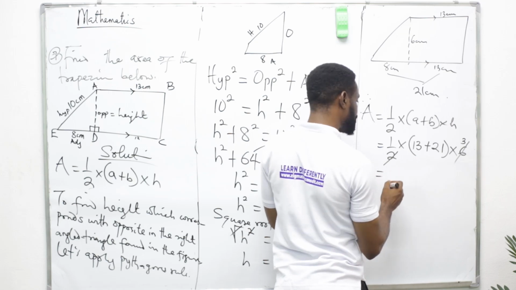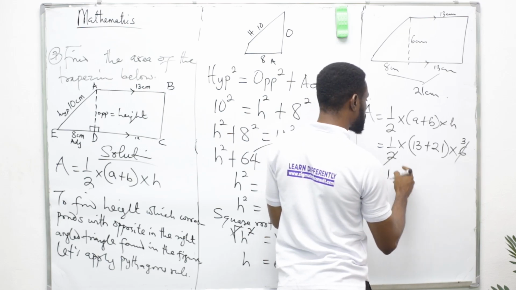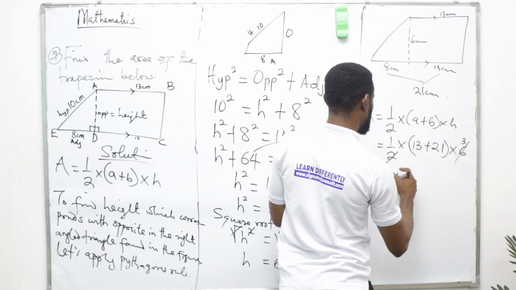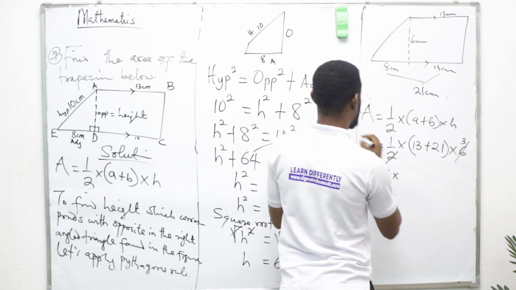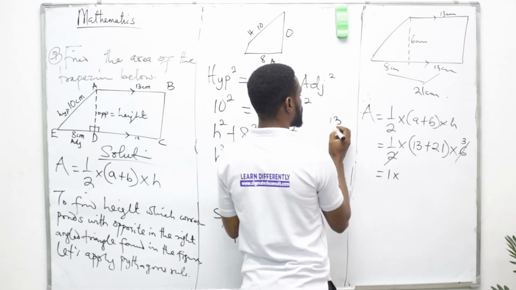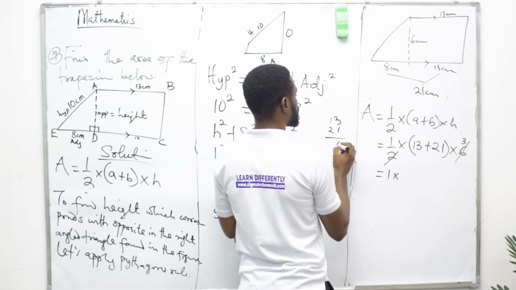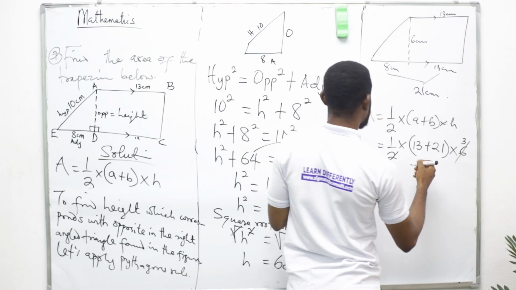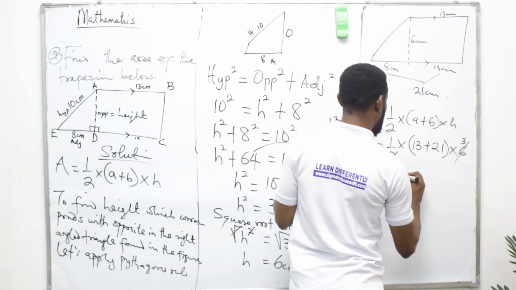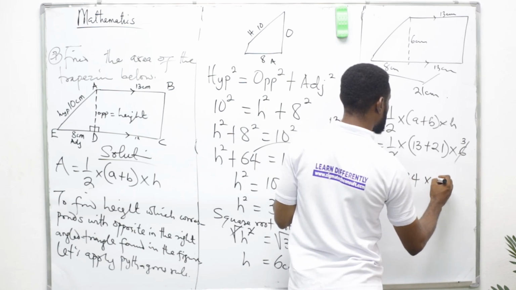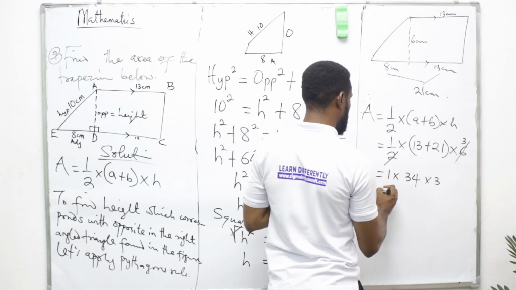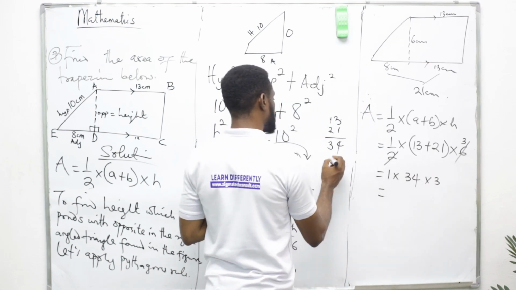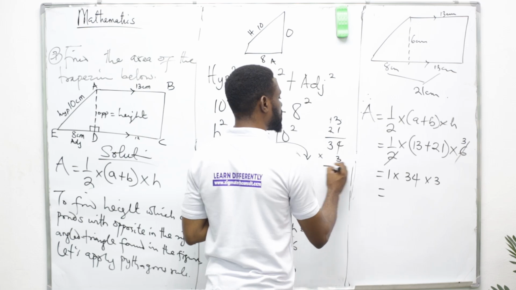So this gives us 1 times 13 plus 21, which is 34, 1 times 34 times 3. So this is equal to 34 times 3.